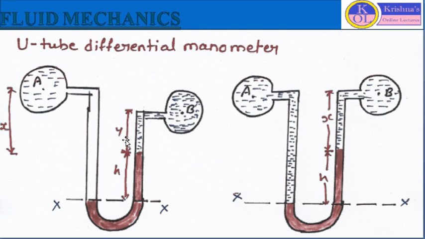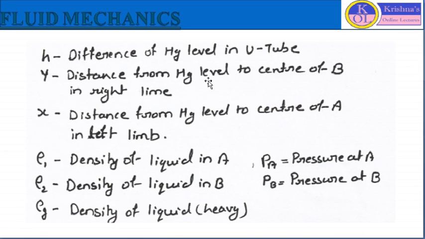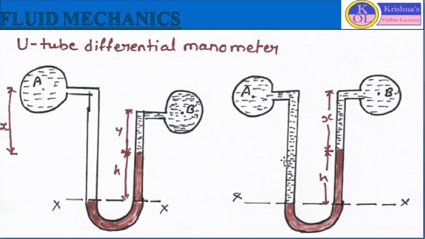And the second is y. This y distance is representing, you can see here, the distance from the mercury level to the center of point B in the right limb. So from point B to this point, we are considering the distance as y.